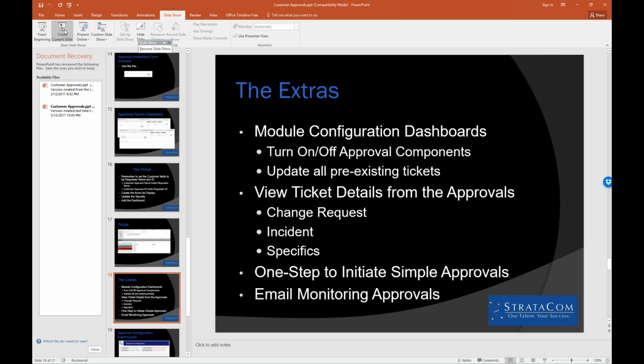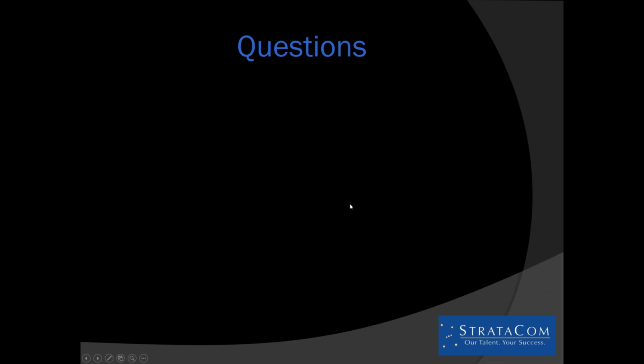And this process works really well in order to manage little chunks of workflow in a single one step. That's really the biggest thing. So that's basically it. That is the approvals.